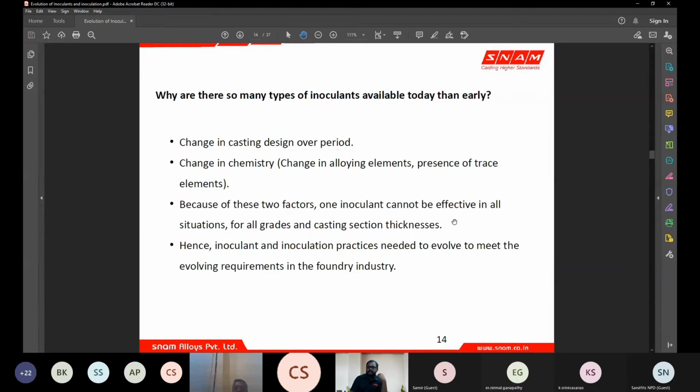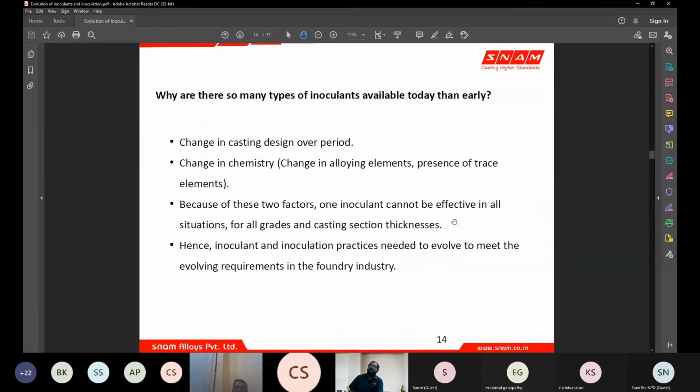As the casting requirements increase, the effectiveness of the inoculation has to improve, and that is why there are so many inoculants available today rather than the basic inoculants which were available previously.